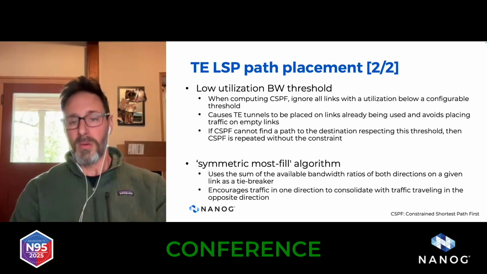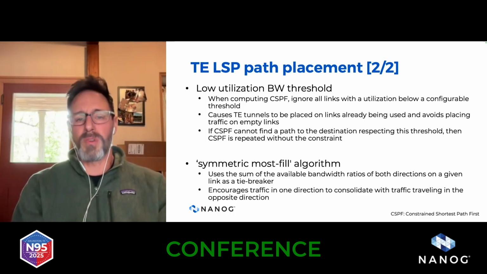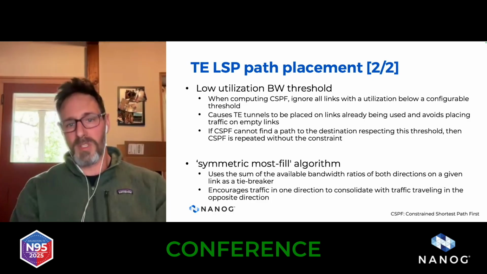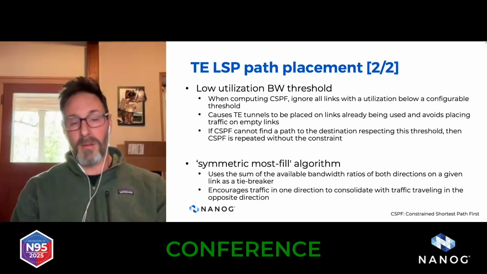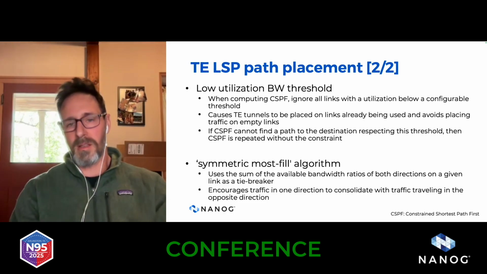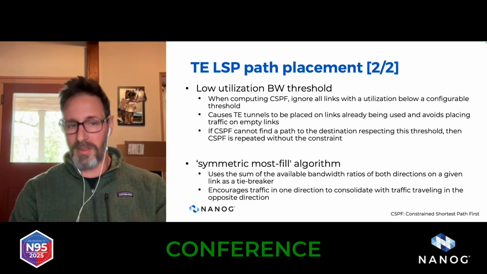In other words, we want to try to avoid placing new demands on empty links. Try to always reuse links that are already being used. Now, if we can't find a path that respects this threshold for a given bandwidth demand, then of course we'll run CSPF again and select a new set of interfaces.